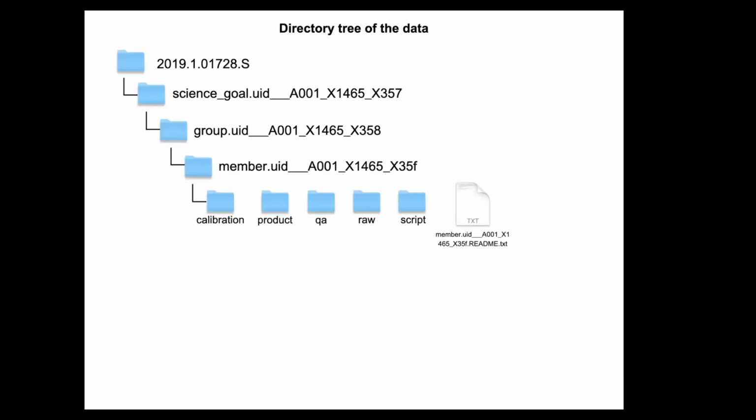Then if you navigate down the directory tree of this data set, you will find the science goal, the group, and the member parts of the project. And at the member level, you will have the directories calibration, product, QA, raw and script, and the README file.